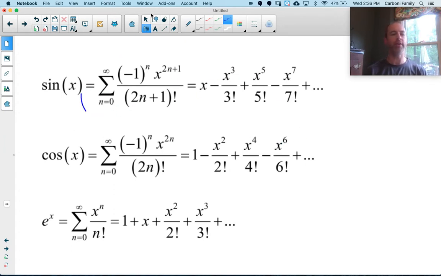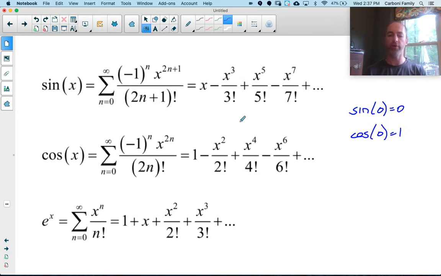The second way you can keep these straight is when you are at the center of a series, and these are all centered at 0, the Taylor polynomial gives you exact values for your function and its derivatives. So you should know that at the center of this series, sine of 0 will be 0, and the cosine of 0 is 1.